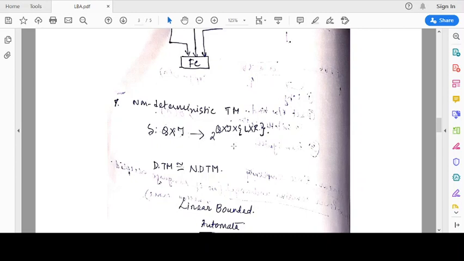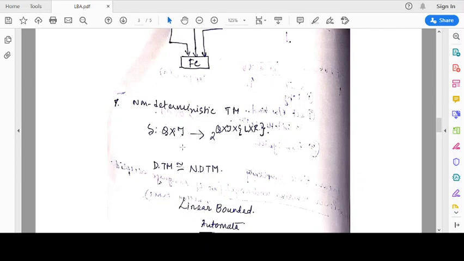The tape symbol may change to b, and you may move to the left direction. That is, it's the same as your non-deterministic finite automata, where you can go to two different states on getting the same input. Here also, on getting the same tape symbol, you can move to two different states with two different directions of the read-write head. This is the basic difference.